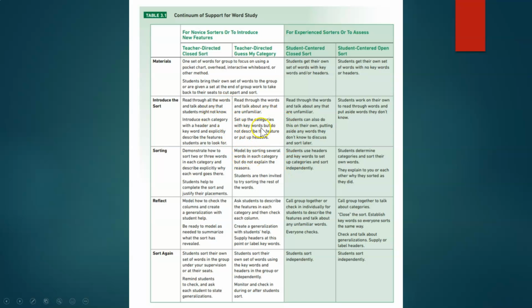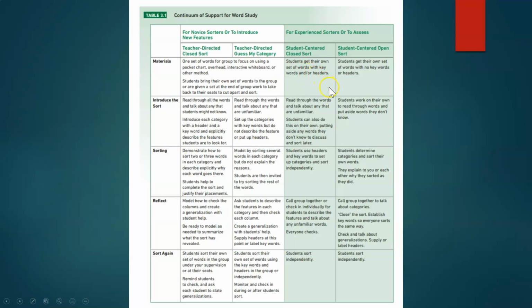Read through the words, talk about any that are unfamiliar, set up the categories with keywords, but do not describe the features, whereas that's a teacher-directed guess my category. But here would be read through all the words and talk about any that students might not know, introduce each category with a header, so you can see how it contrasts those. And over here, we're really looking at student-centered closed sorts or student-centered open sorts.